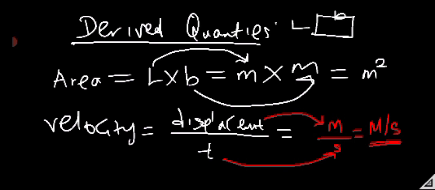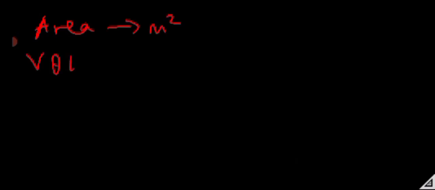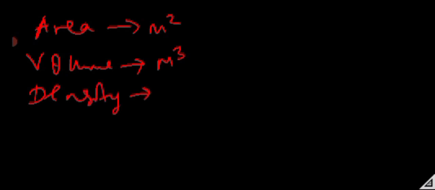So without wasting time, let us list the derived quantities. Area is meter square. Volume is meter cube. Density is kilogram per meter cube. Hope you know how we derive this.